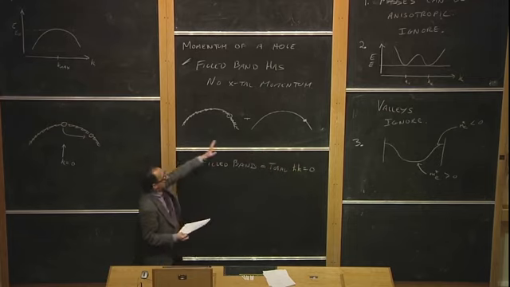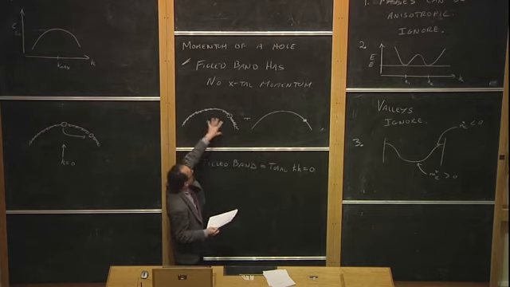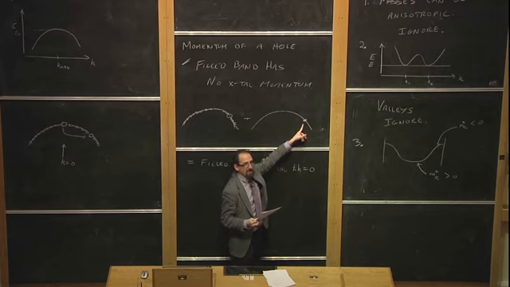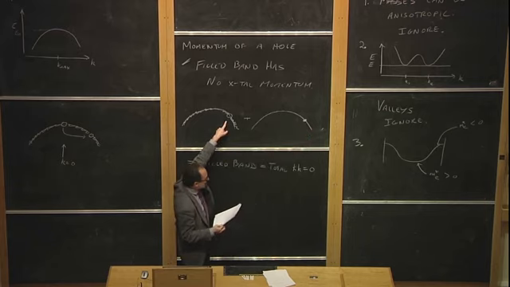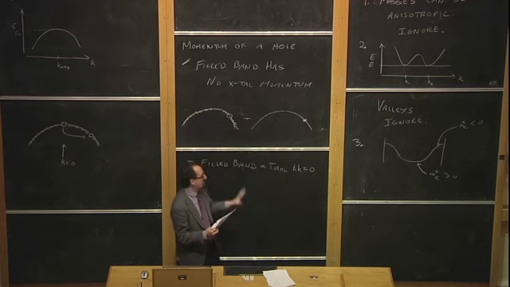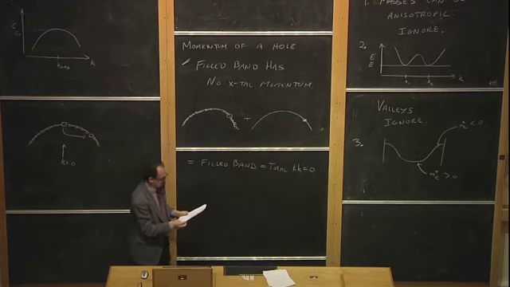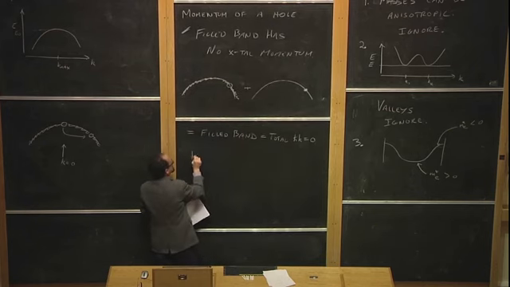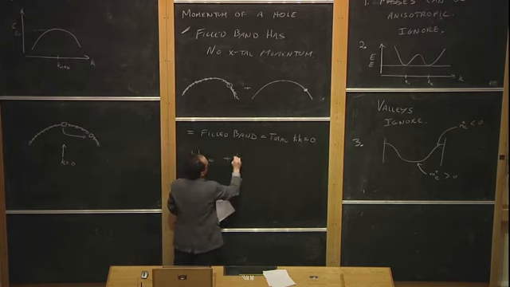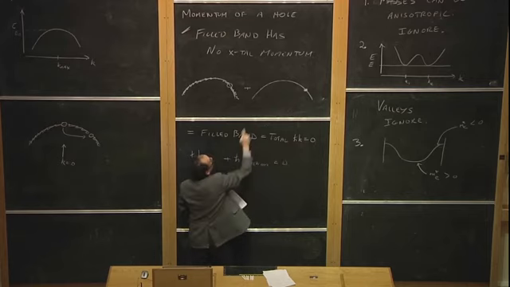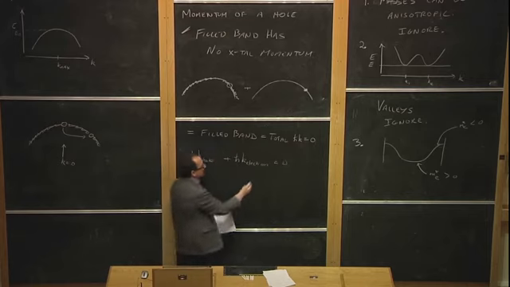Okay? So the sum of these two put together, the filled band with the absence of this electron plus the empty band with the presence of this electron, has a total momentum of 0. So we have h bar k for the hole over here plus h bar k for the electron, which is over here, should give us a total of 0.